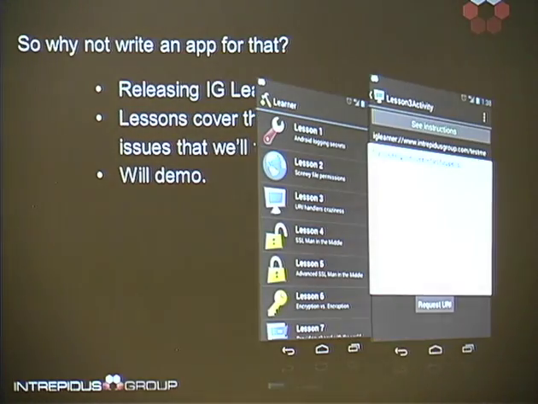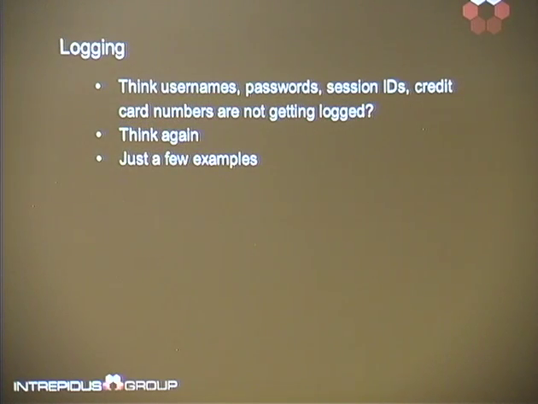This is a quick preview of what the app is going to look like, and we're going to start with logging. I wanted to start with this because this is one of the very easy things to, I don't want to say exploit necessarily, but take advantage of, because getting to a log that an Android application is throwing to the logcat is relatively easy.